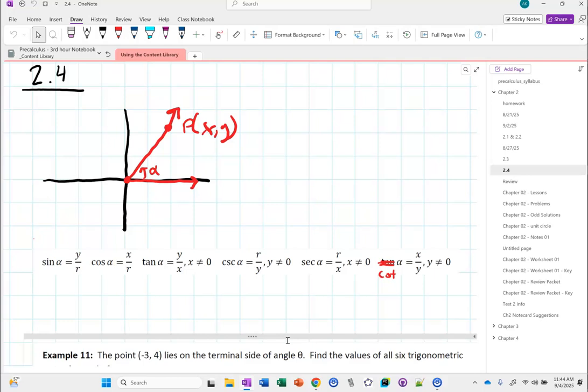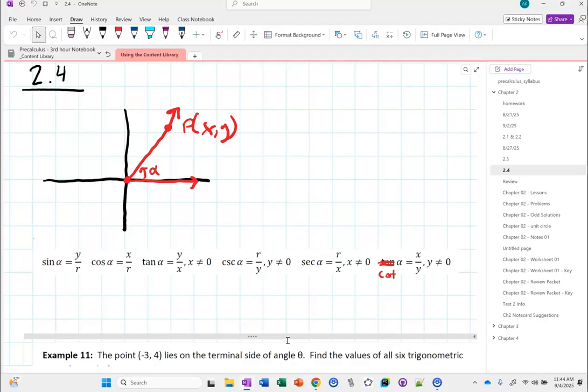That was how we drew our angles, right? So we're going to start from there, and our goal is creating a definition for sine, cosine, and tangent that's not in a right triangle.